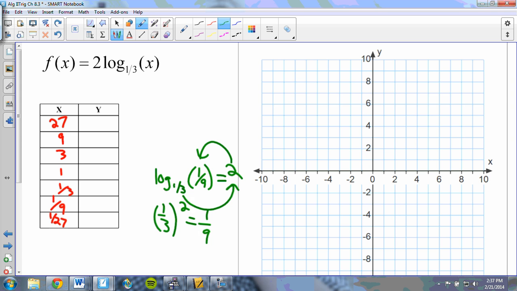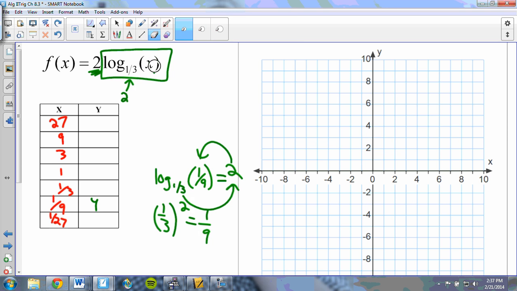That means that this equals 2 if I plug a ninth in for x. This whole thing becomes a 2, and then it gets multiplied by that 2. So that's actually 4. Think about 1/3. If I plug a 1/3 in for x right here, this whole box becomes a 1, because 1/3 to the first power is a third. So 1 times 2, and that's 2.